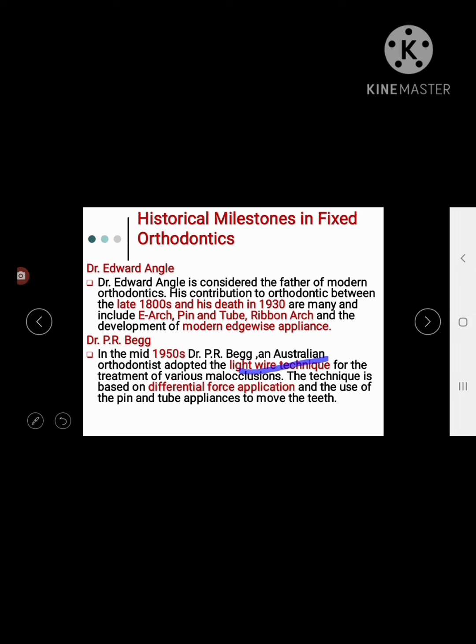Very important contributions. The technique is based on differential force application, and the use of the pin and tube appliance to move the teeth.